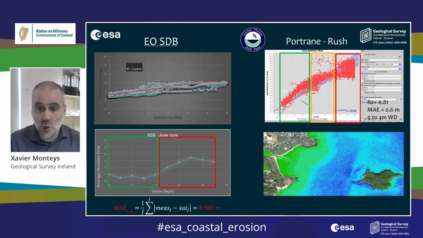The results are then cross-validated not only with the reference layer that we've seen before, but also against the outcome of the empirical model to assess the image suitability and processor performance. The empirical model for this area, using the same satellite image, top right, shows a good agreement with the same reference layer between 0 to 6 meters water depths, with average errors below 0.6 meters. So pretty good in these conditions.